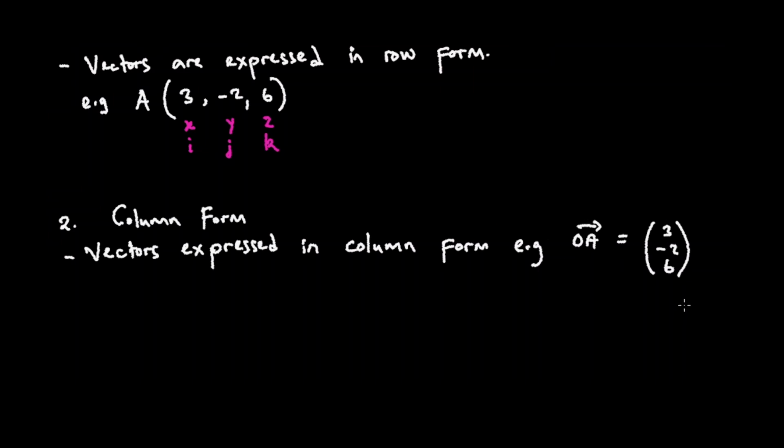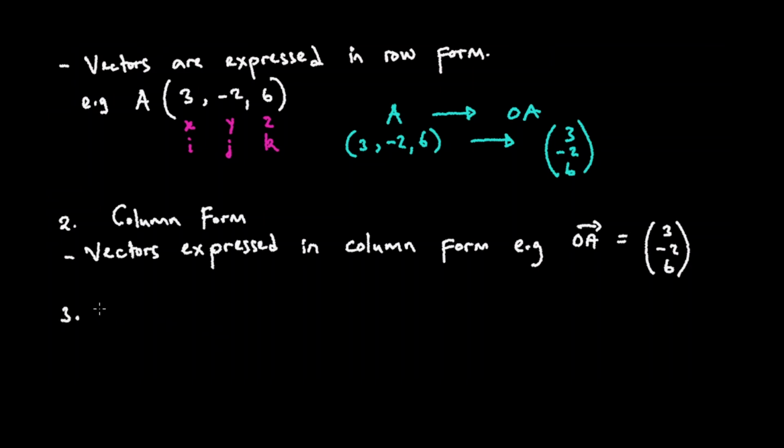Then we write in column form 3, -2, 6. These different forms, you should know them. So A becomes OA, then (3, -2, 6) becomes the column 3, -2, 6, like that. That is what we are talking about when we talk about this column form.